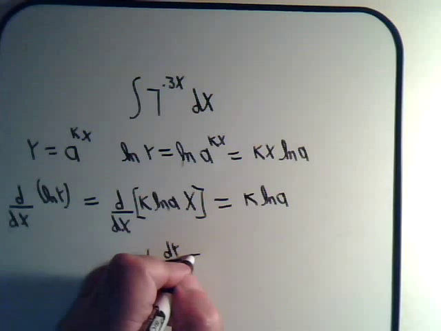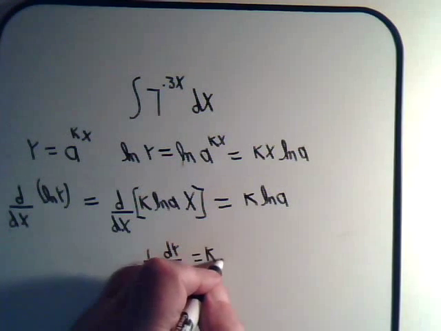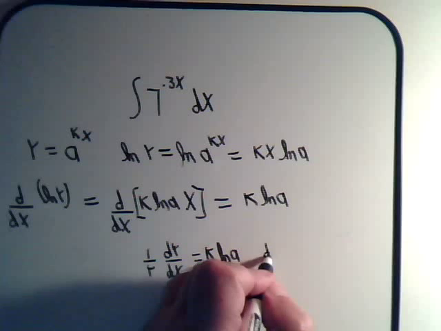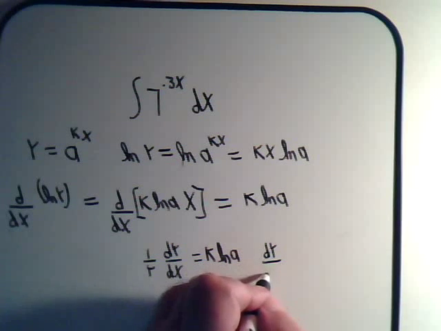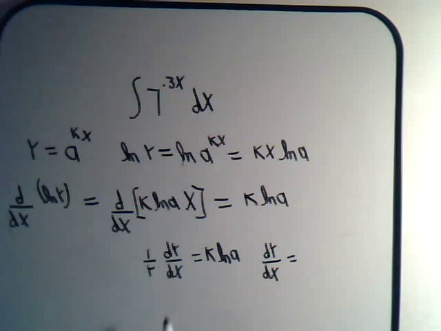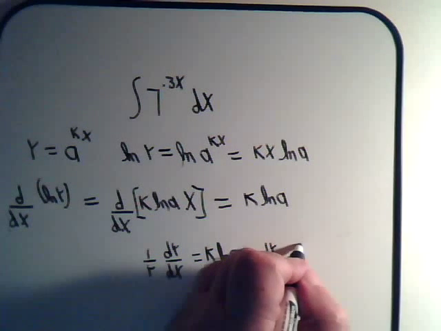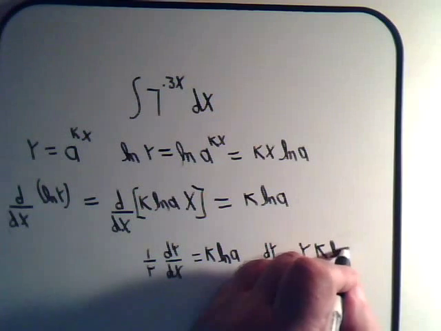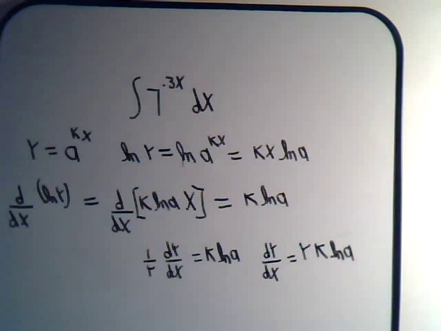And it has to be equal to k times the natural log of a. Then dy dx, multiply both sides of the equation by y, is y times k times the natural log of a, and there it is.